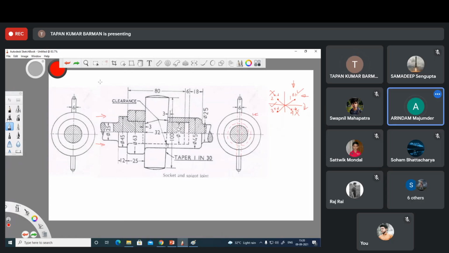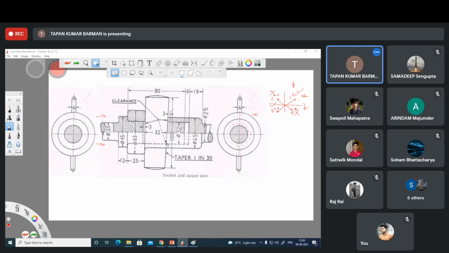This view from here to here, this view with this side view, is in first angle. Is there any difficulty to understand this thing? Now, what is the symbol we use for first angle projection?